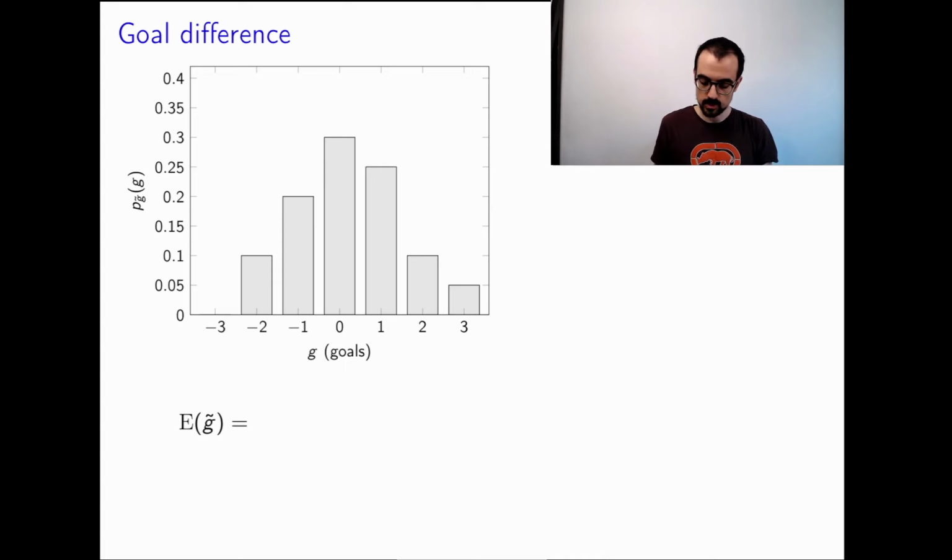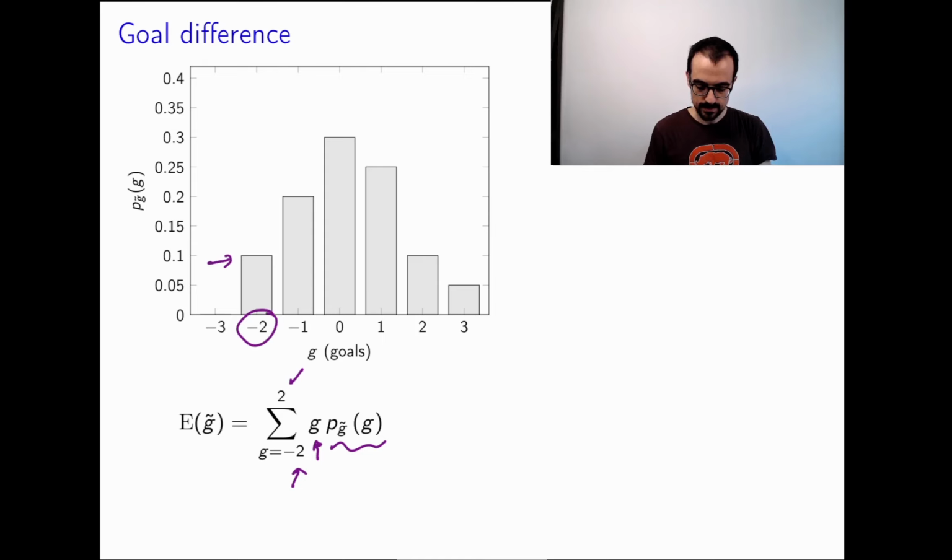Okay, so now what are we going to do? We're going to sum over all the possible values that go from -2 to 2. We multiply the corresponding value by its probability. So we're going to take -2 multiplied by 0.1, -1 multiplied by 0.2, 0 multiplied by 0.3, 1 by 0.25, 2 by 0.1, and 3 by 0.05.